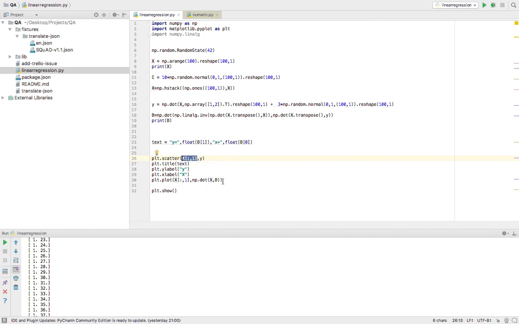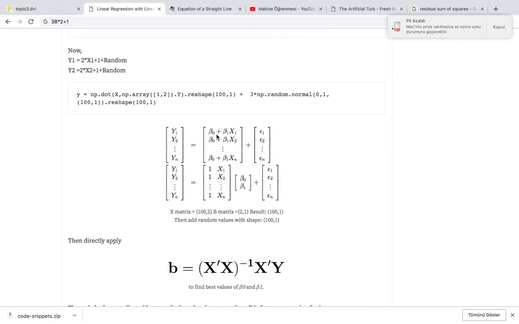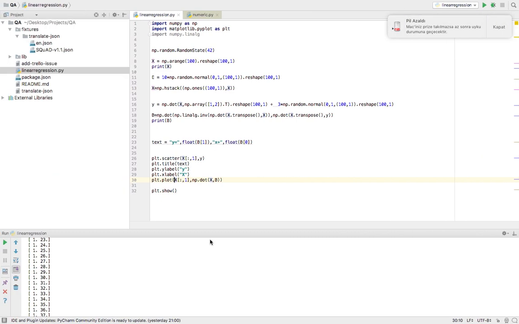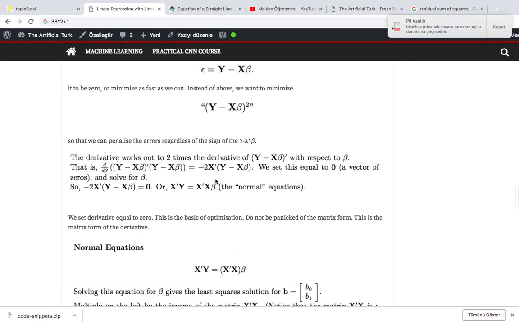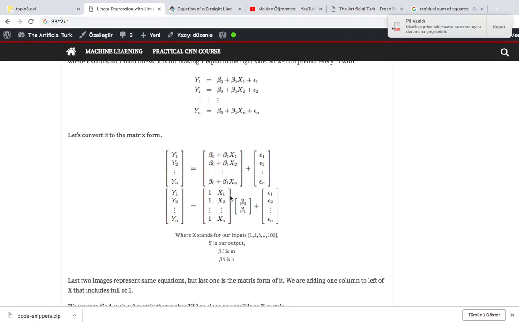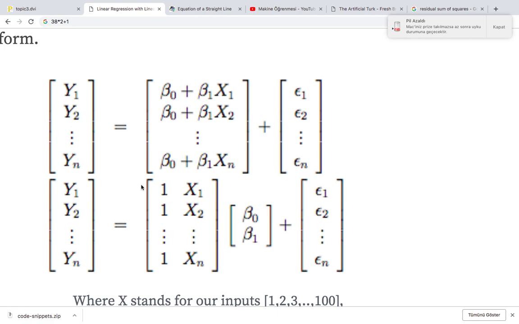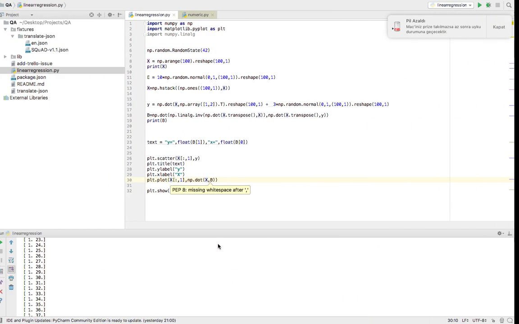And also we want to plot a line that gets the second column of the x matrix and also multiplies it by the beta value. It means that we are doing the same thing here. So we are doing this part of our multiplication.